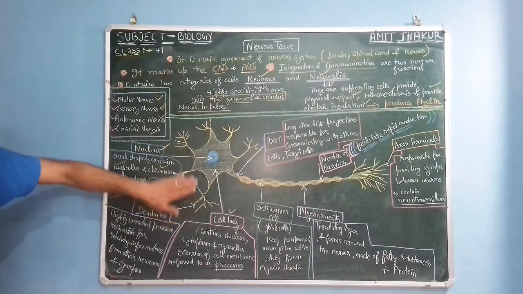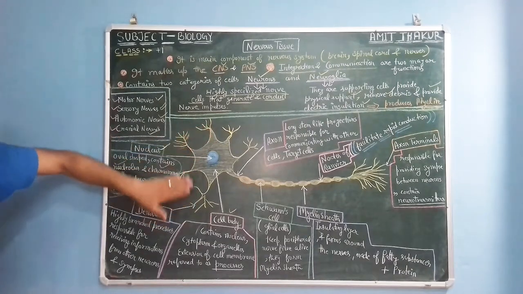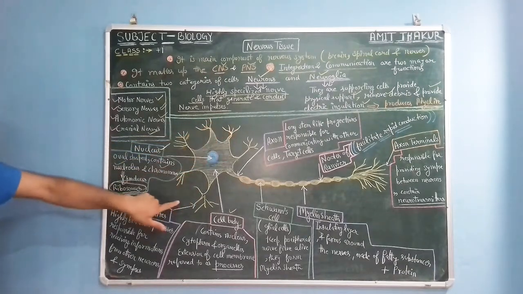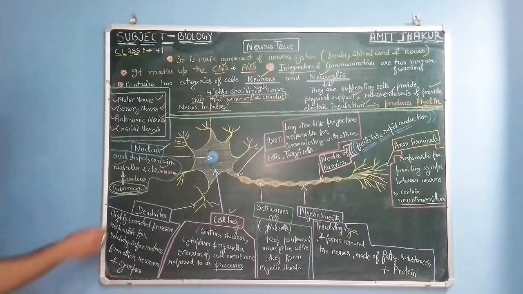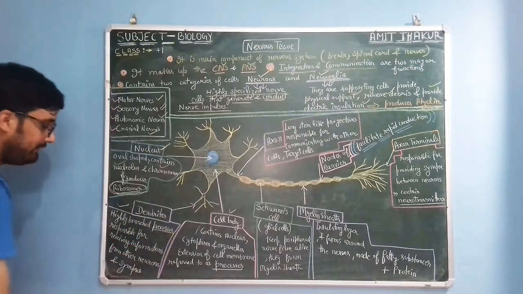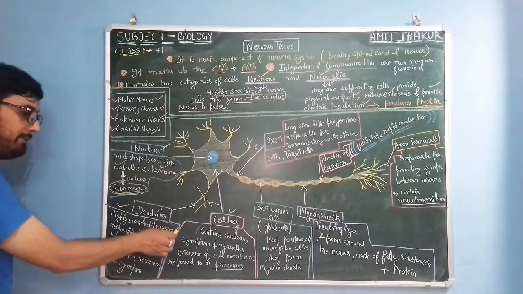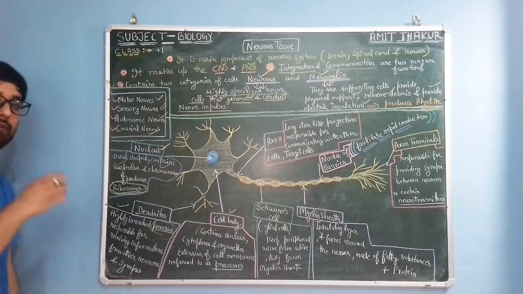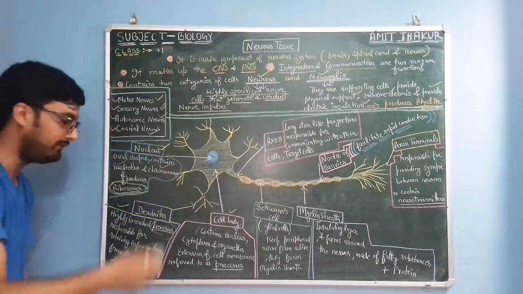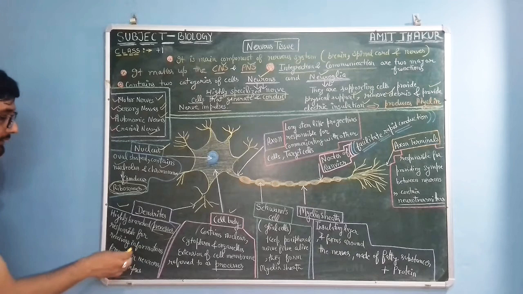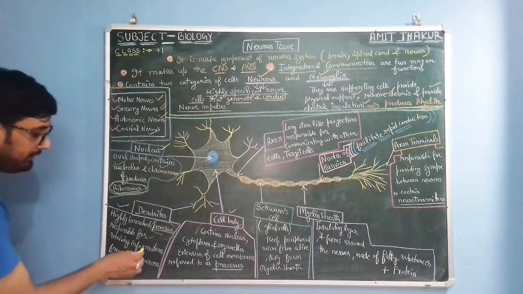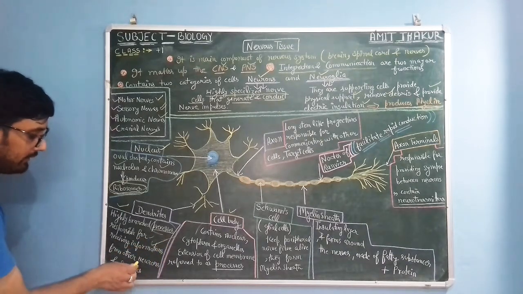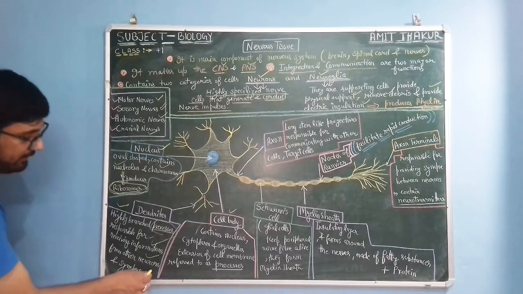These branched extensions of cell membranes are known as dendrites. They are highly branched processes. Whenever processes are mentioned, understand that the talk is about extended cell membranes. So these highly branched processes are responsible for receiving information from other neurons at synapses.